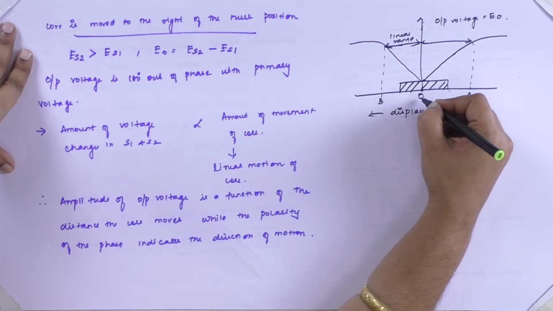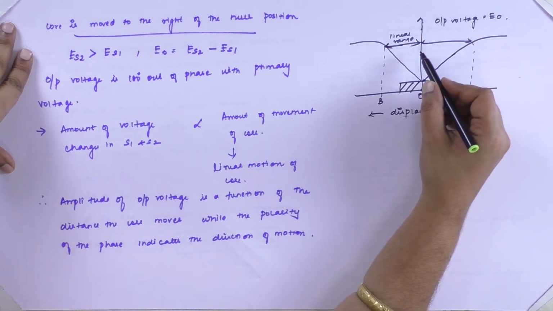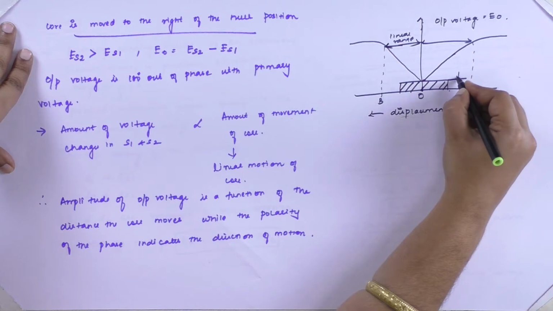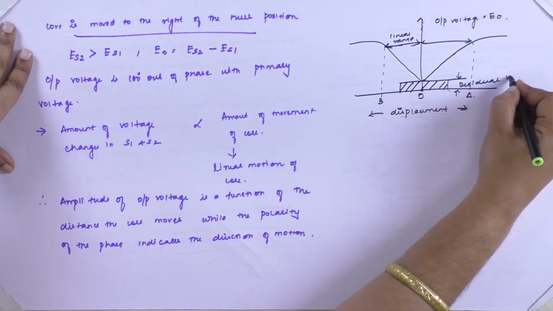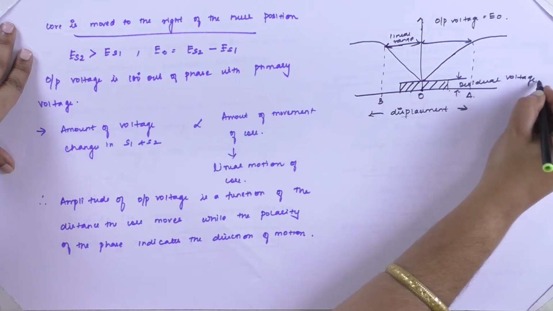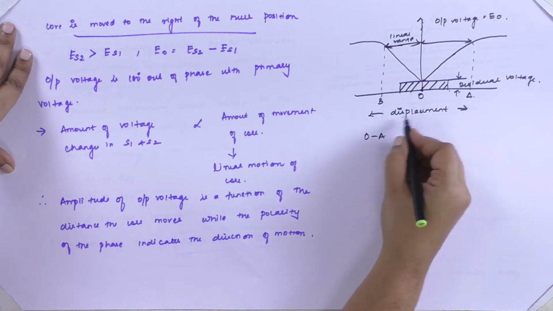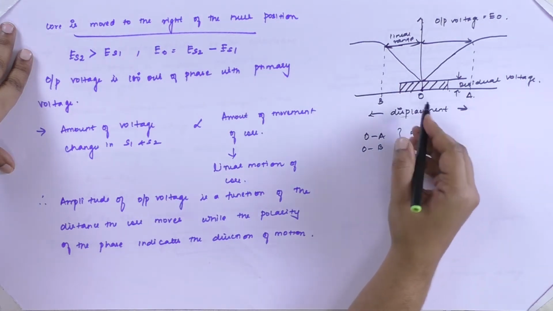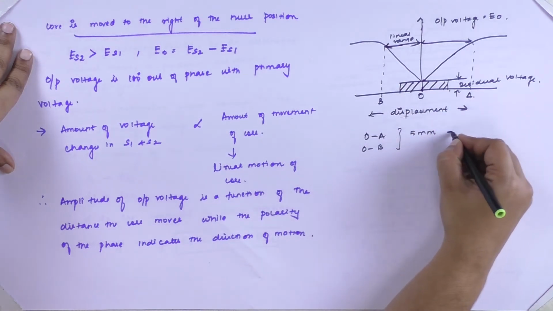So at null position, the output voltage is 0 because the secondary voltages are equal, but there will be a small voltage at null position. That voltage is called residual voltage. So from O to A and O to B, that is 5 mm from the null position, the characteristics will be linear.